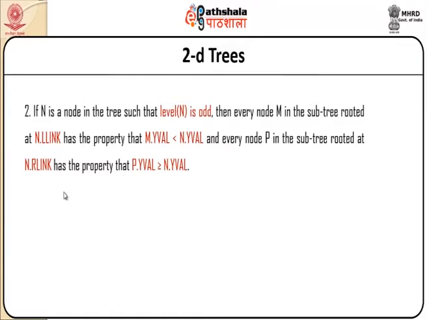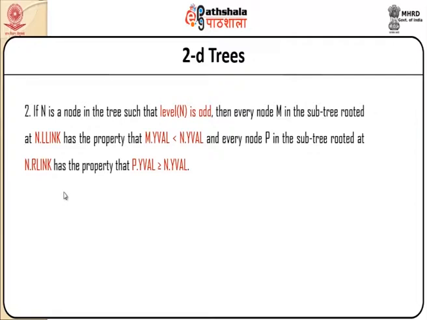Then every node m in the subtree rooted at n dot L link has the property that m dot y value is less than n dot y value, which exactly means if I am supposed to insert node m where the root node is n, and I find the y value of this particular node is less than the root node, then it should be branched left.